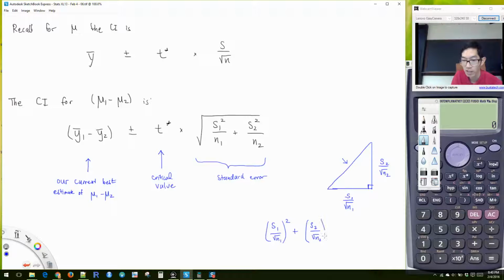We didn't cover this, but this is basically this side right here, c squared. So this ends up being s1 squared over n1 plus s2 squared over n2, and this is c squared. If I want to get c, I would just take the square root of this side. And that's how we're getting this.